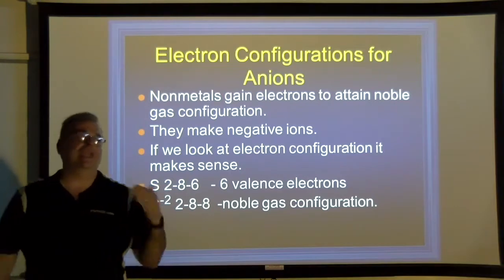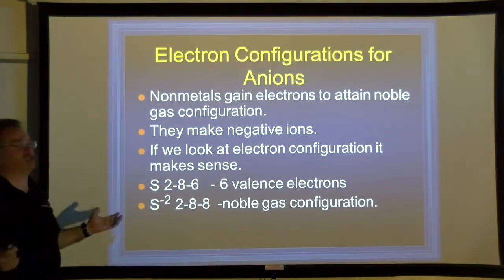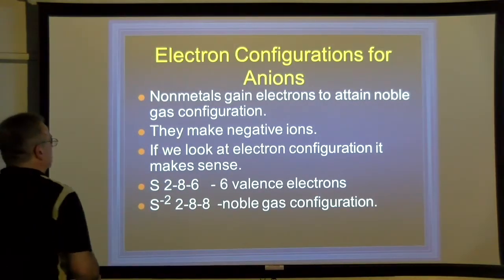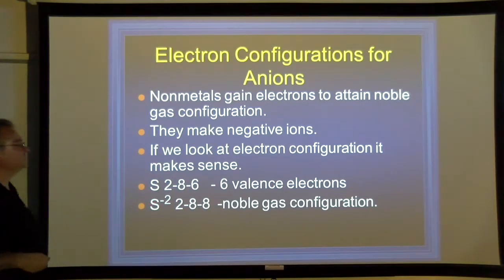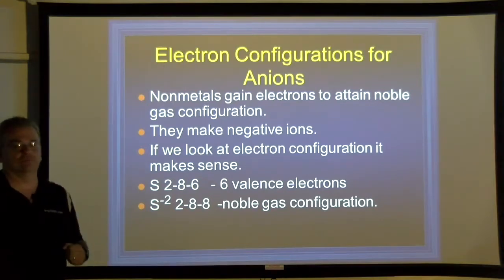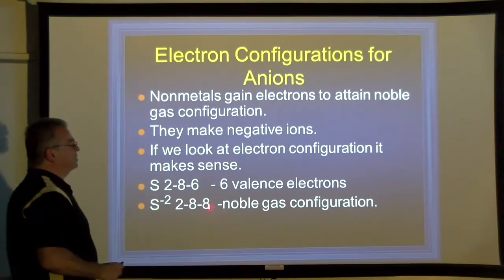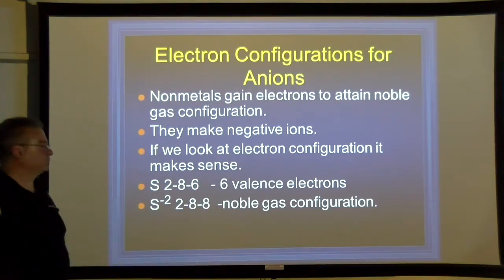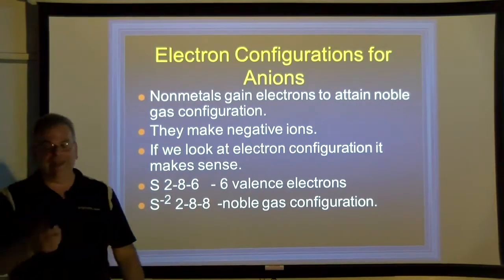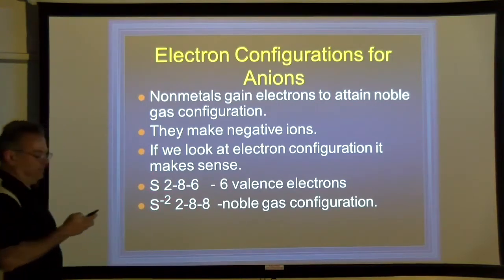So when a nonmetal gains electrons, it becomes an anion with a volume much larger than the original atom. And that makes it more stable. That's important. So sulfur, for example, has 6 electrons in its valence shell. It's too short. So it wants to become a sulfide ion with 2 more electrons and a much larger volume. So sulfide is going to be larger than a sulfur atom. When that happens, sulfide is much more stable than the actual sulfur atom.